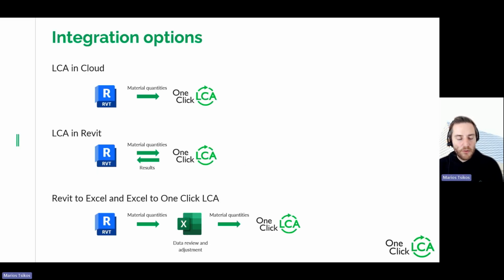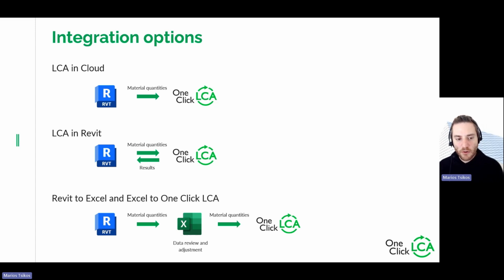So the three different options, LCA in cloud. With this option, we're able to get all the material quantities from our Revit model and export them directly to One Click LCA. Then we've got LCA in Revit, where we can basically conduct the entire assessment within Revit.